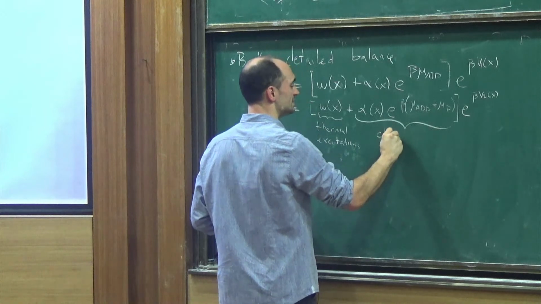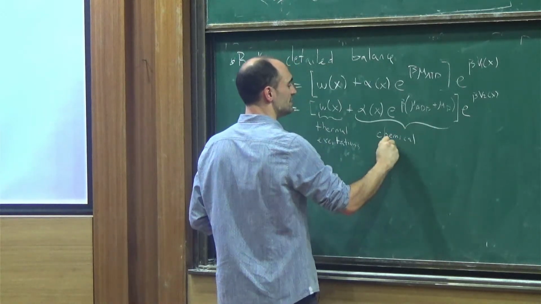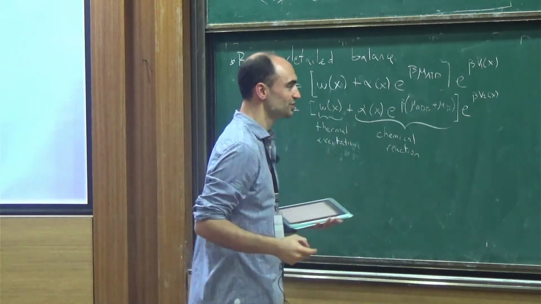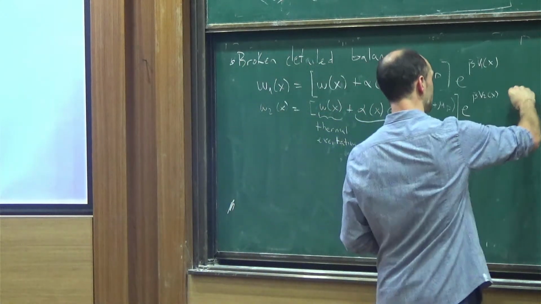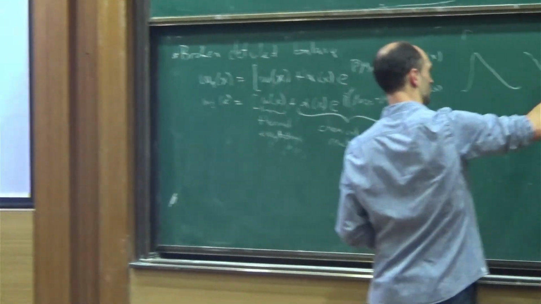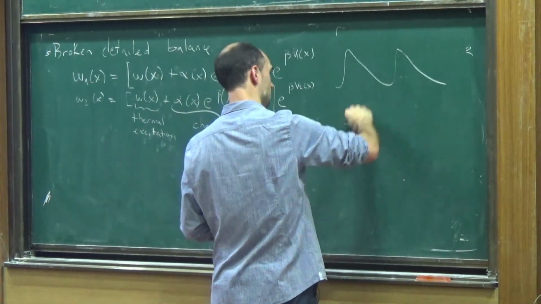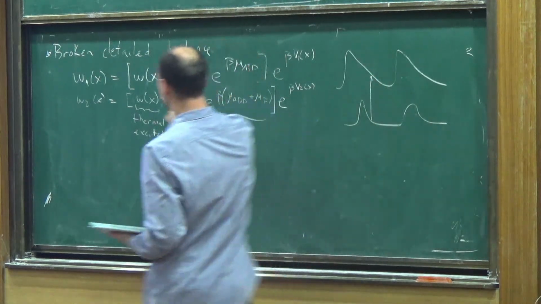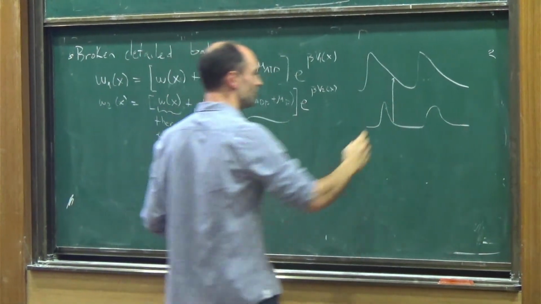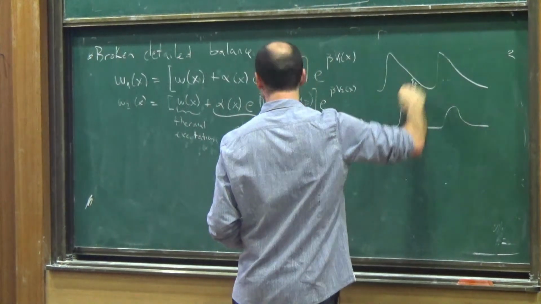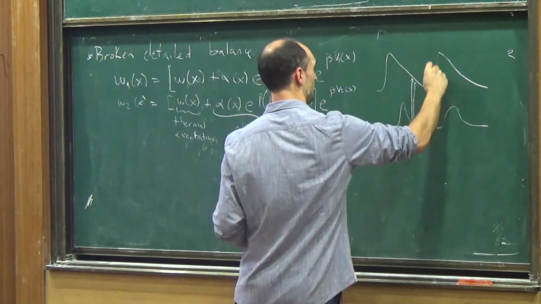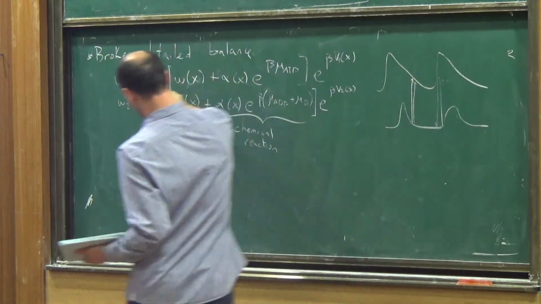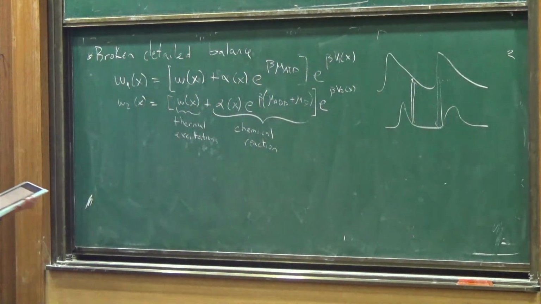There are two contributions to each of the transitions. You can go up through a thermal excitation or through a chemical reaction, and vice versa. Both together make a total rate, omega 1 and omega 2.